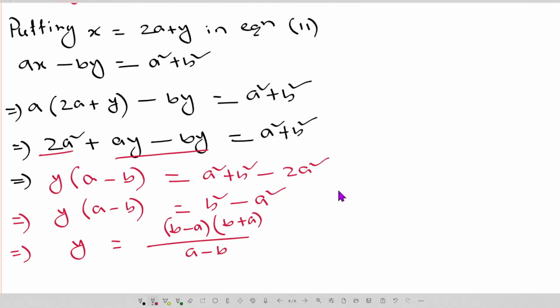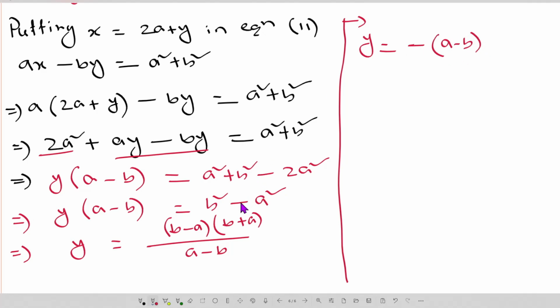Okay, now we can write here y equals, we can take minus common, right? So if we take minus common, here is a minus b, and this b minus a becomes minus, and b plus a we can write a plus b, divided by a minus b. So a minus b and a minus b cancel, so it becomes 1.